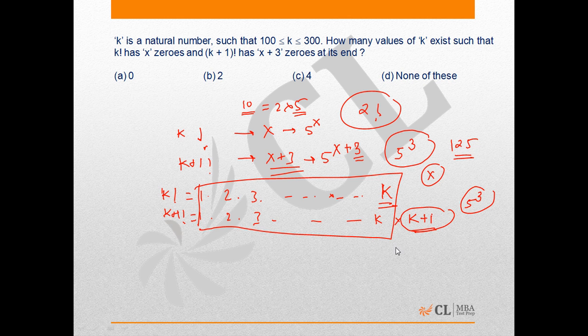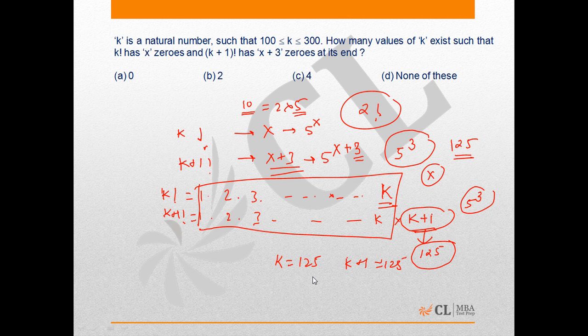So from here it can be deduced that k plus 1 has to be a multiple of 125, and in that case k can be 124. In that case k plus 1 will be 125.